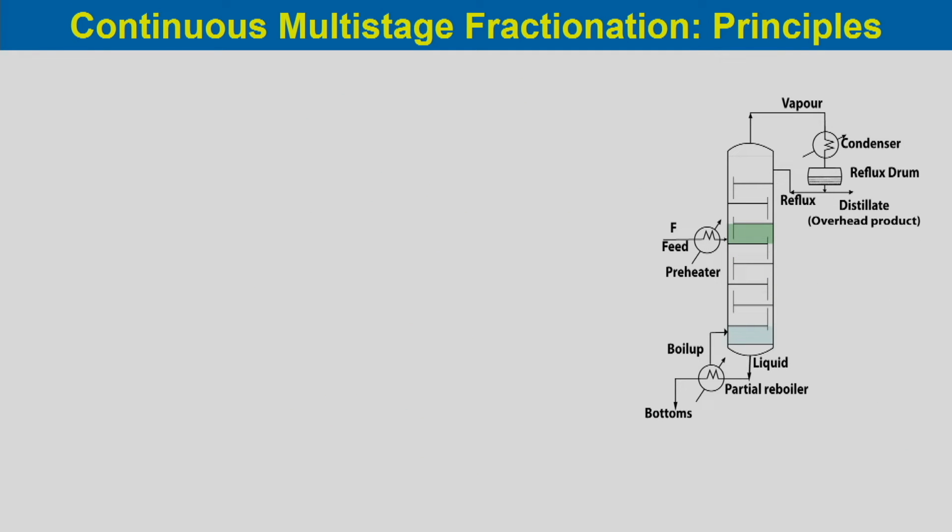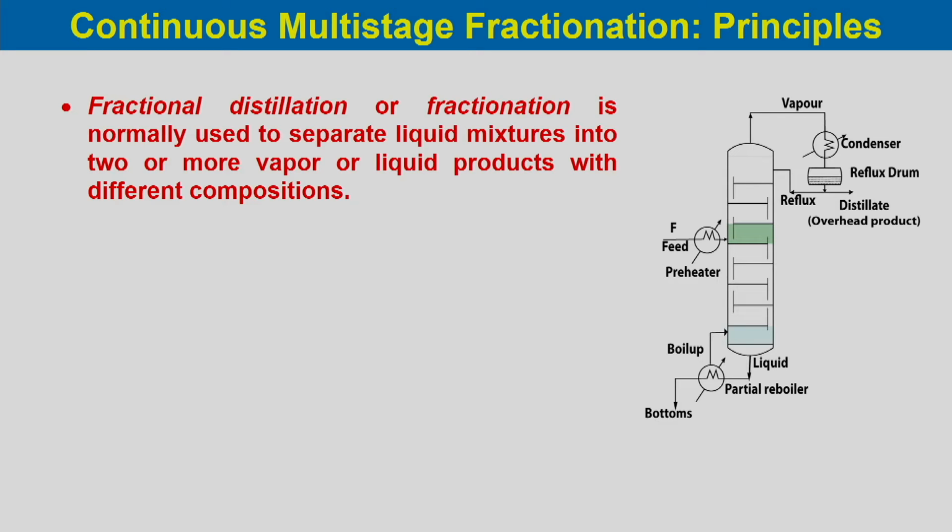So, this is a typical, as you have seen earlier, tray multi-stage distillation column. Fractional distillation or fractionation is normally used to separate a liquid mixture into two or more vapor or liquid products with different compositions.